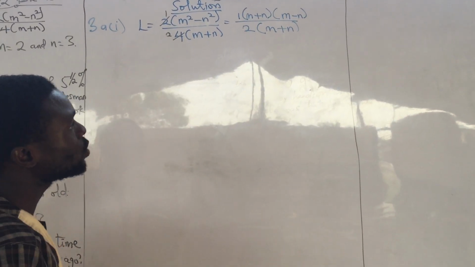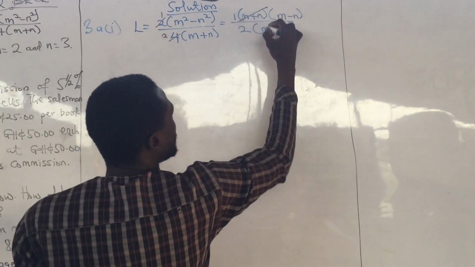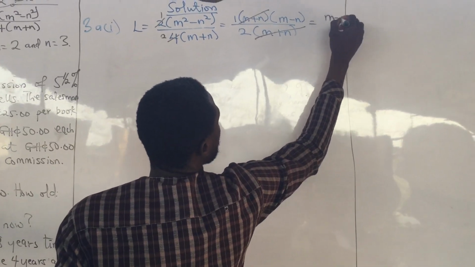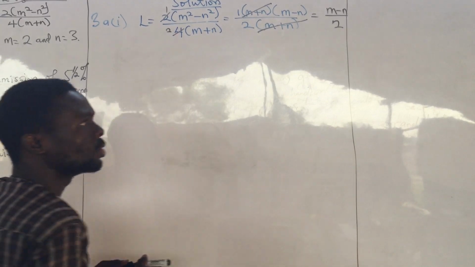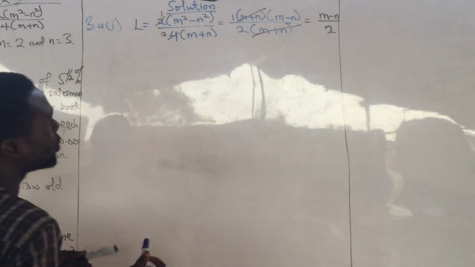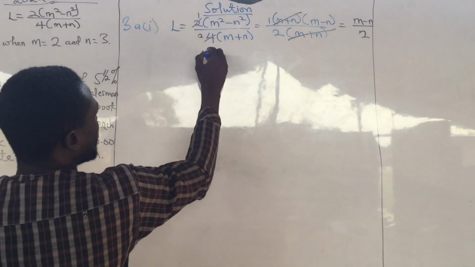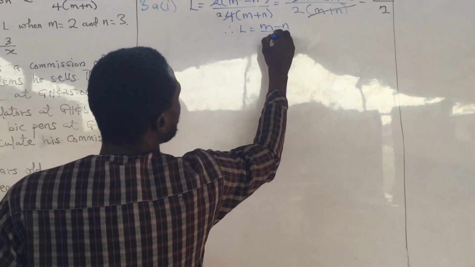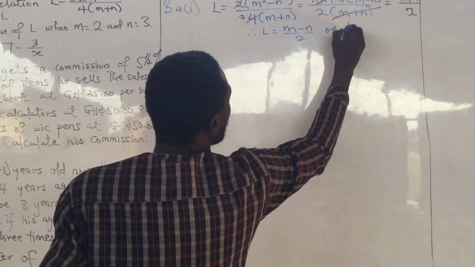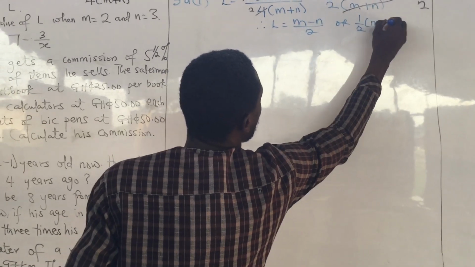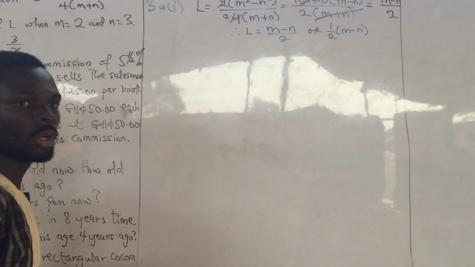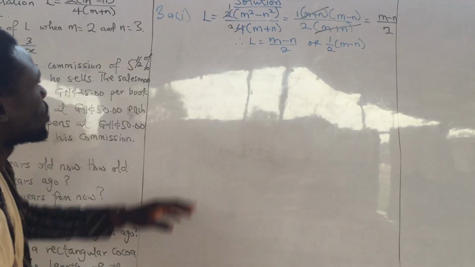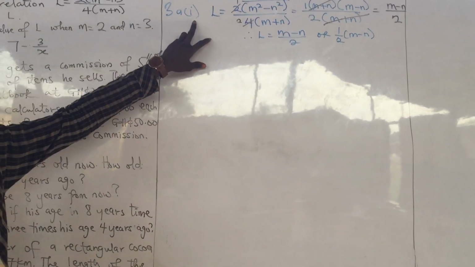So we are going to say this will cancel out this, leaving behind m minus n all over 2. So therefore, L is equal to m minus n all over 2, or half bracket of m minus n. So to simplify L, we have this as L for number 3(a)(i).